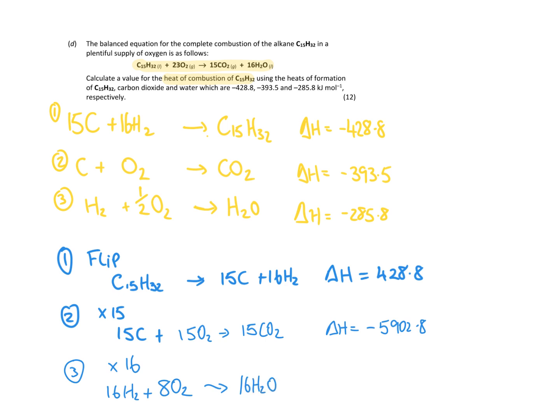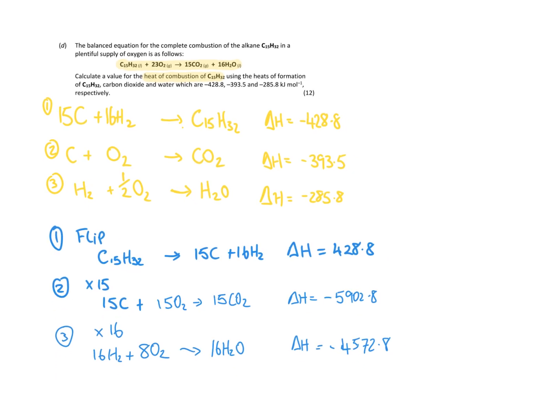As I said already, if you multiply an equation by a specific number, you must multiply your heat value by that number as well. So we must multiply our minus 285.8 by 16, and when we do that, we get minus 4,572.8. Now, I have worked with all of my equations to try and match them with the target. The next thing to do is to add some of these equations together.